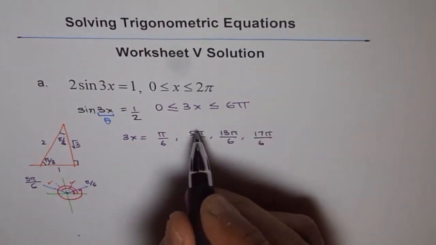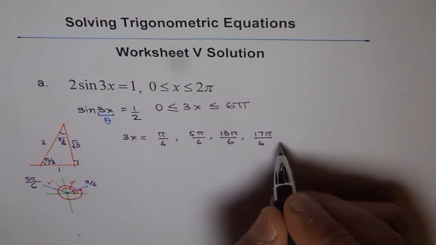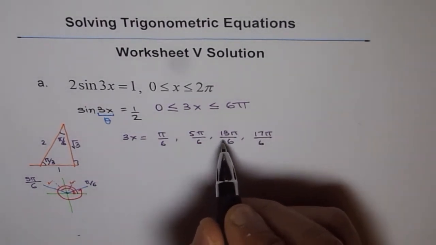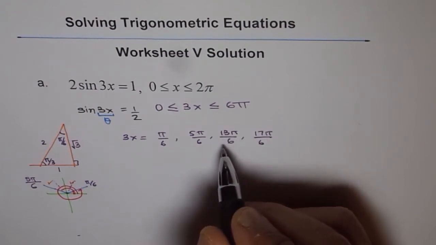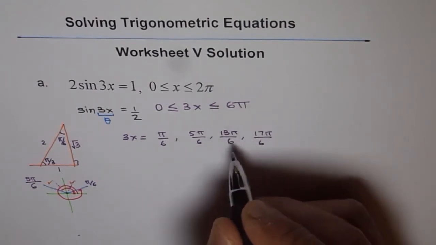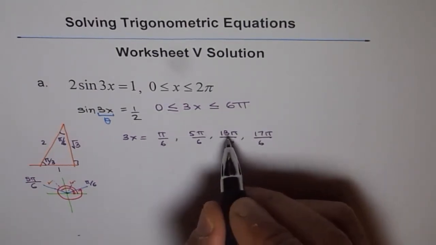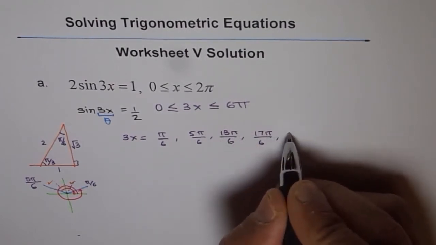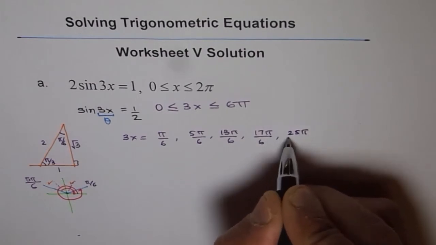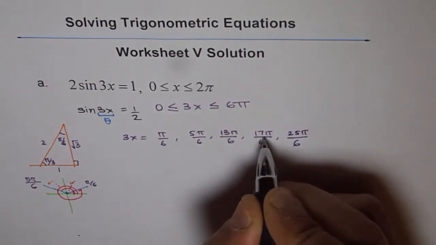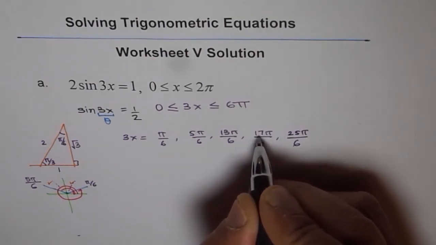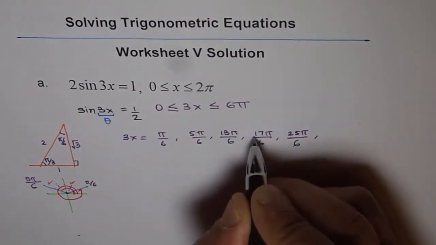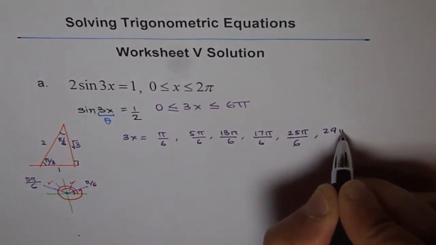So we have got 2 in each and every 2 pi. So we'll add again 2 pi to this, right? If you add 2 pi, that means 12 more, right? 12 more to 13 is 25 pi by 6, and 12 more to 17 is 29 pi by 6.